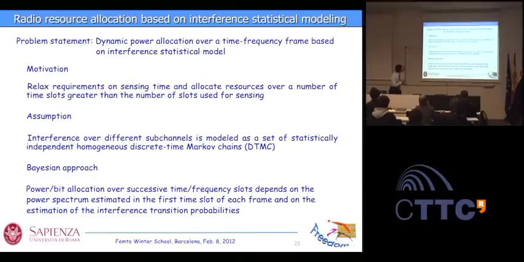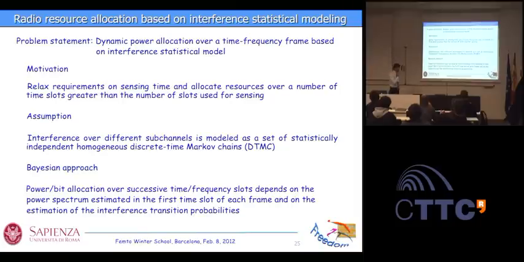So what we do here is that we want to, again, do dynamic power allocation. The difference here is that we estimate the interference over each channel, and instead of just estimating the energy, we also estimate the transition probabilities of the active state of the interference over each subchannel, so we may do something more complicated than what we did before.